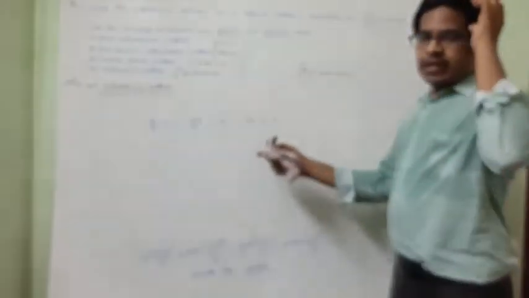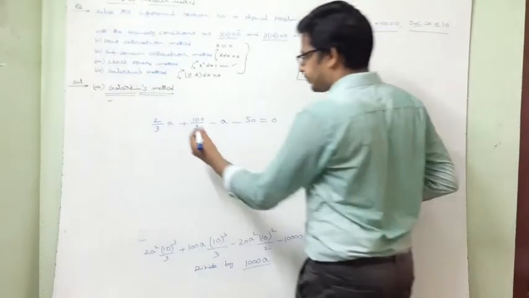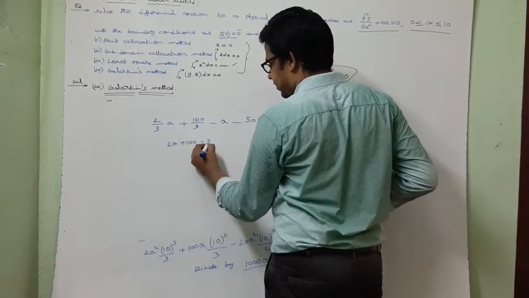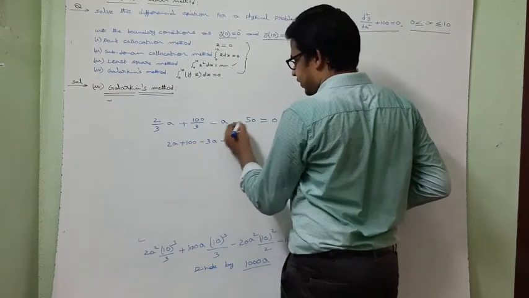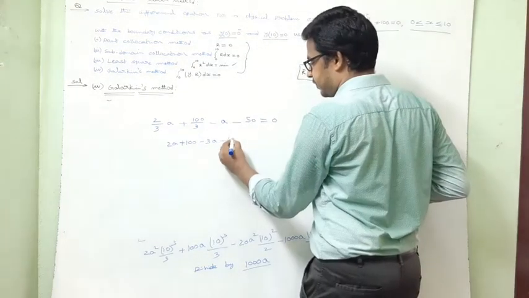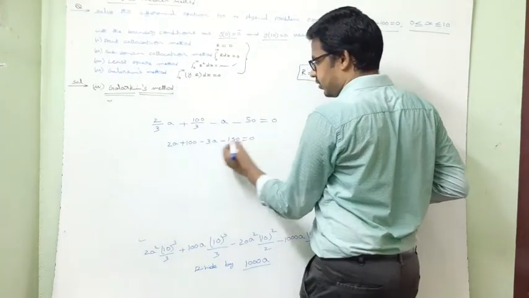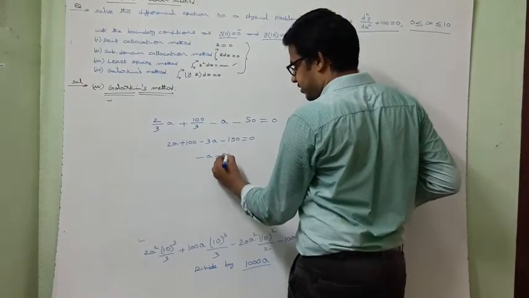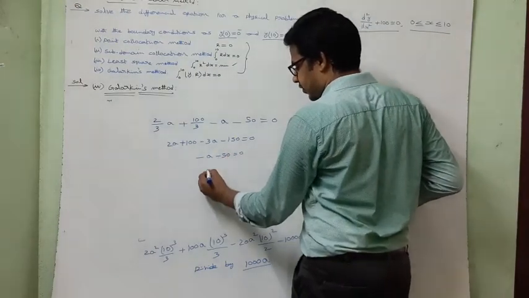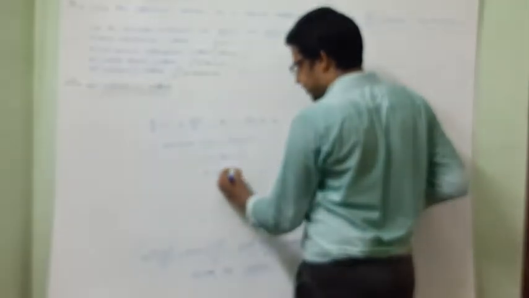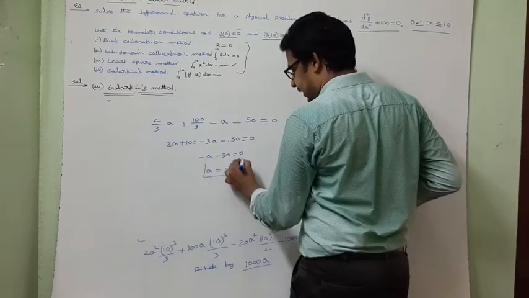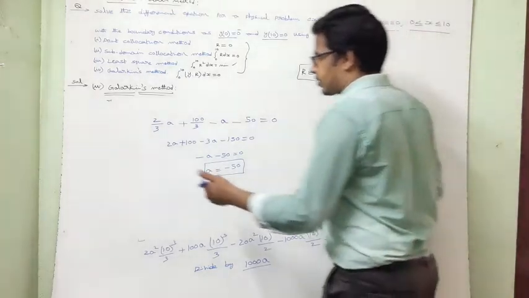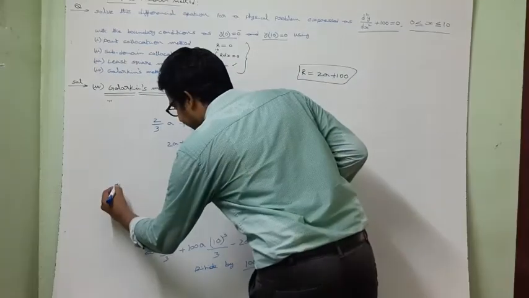Now we can simplify this equation. 2a plus 100 minus 3a minus 3 into 50, 150, is equal to 0. So minus a minus 50 is equal to 0. Here a equals minus 50. So what is the Galerkin method trial function?